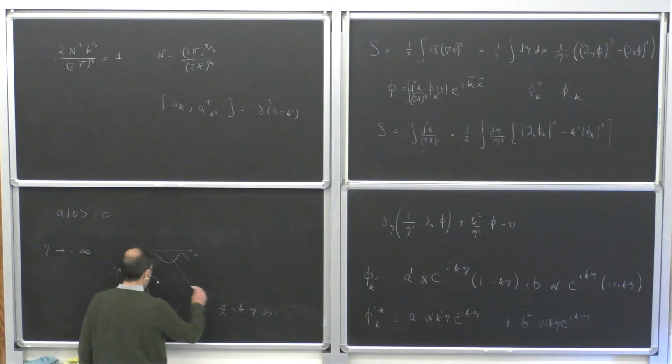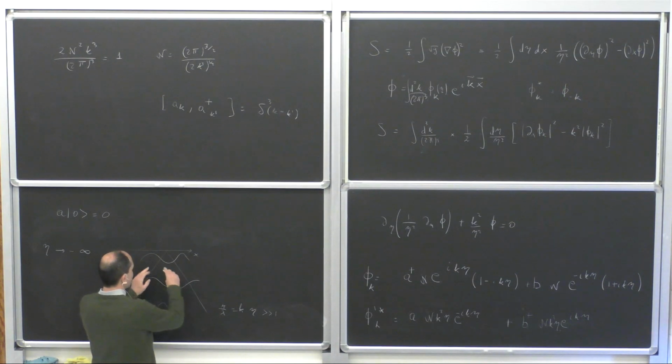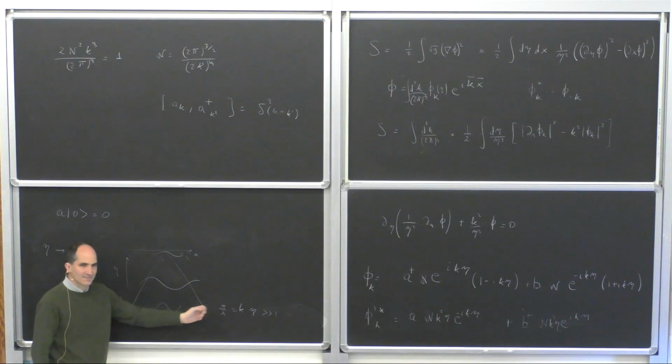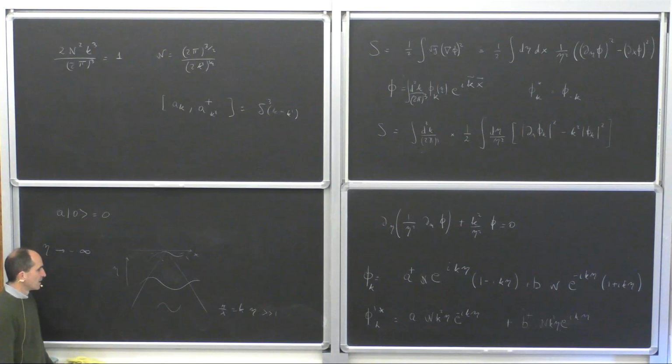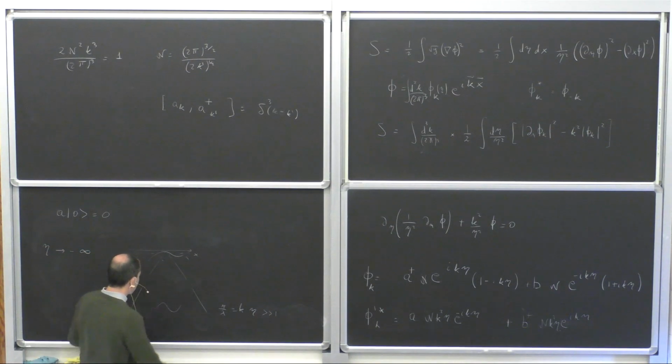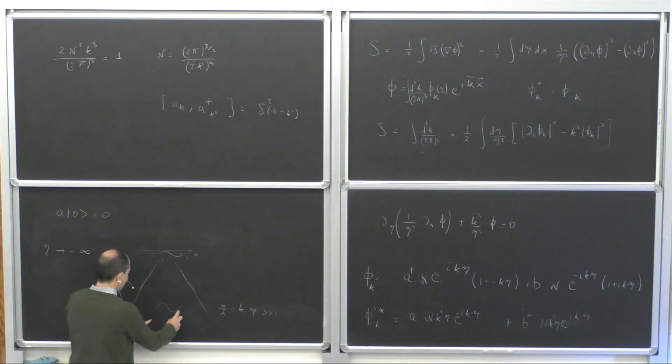When k eta is of order 1, that's where these two length scales are the same, and then at very late times, k eta is much less than 1. I should have written all of this with the same scale, because we are always talking about the same mode. So this is the point where the wavelength becomes equal to the horizon size.